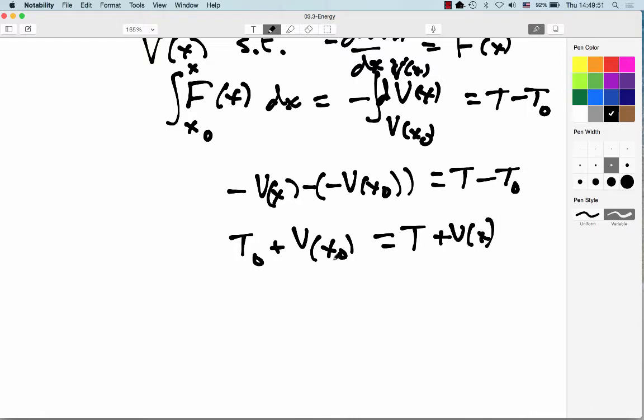And since this depends only on the positions and not on the path, it's got to be true anywhere as long as our force only depends on the position and nothing else. So we define the sum of those to be E, the total energy. And so as long as our force is only a function of position, the total energy is a constant.